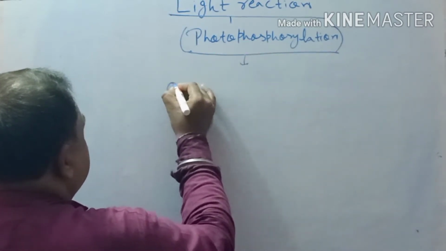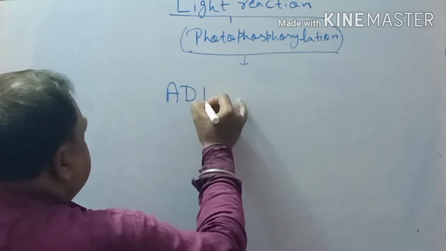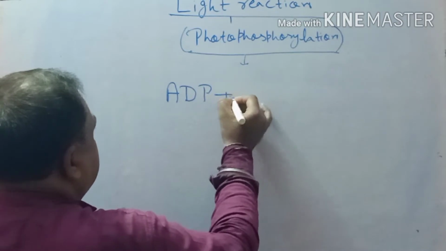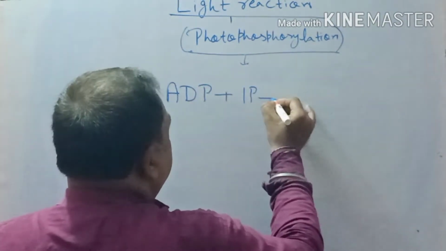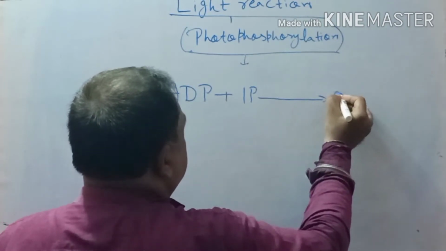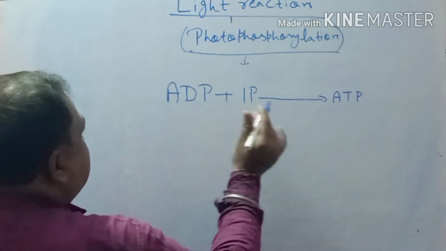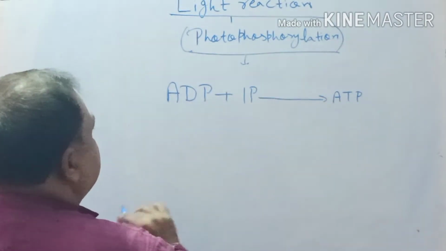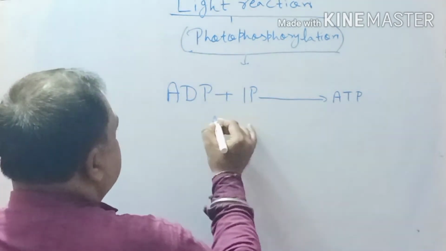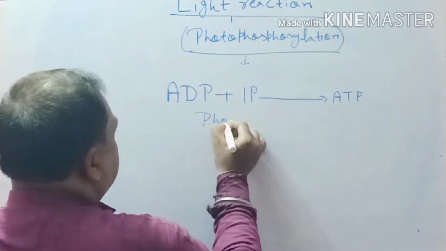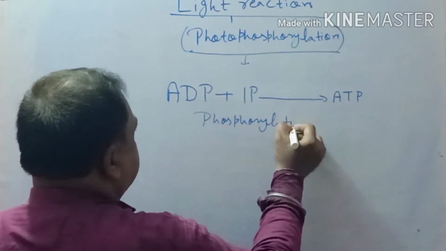Phosphorylation is the process in which formation of ATP takes place in the presence of ADP and inorganic phosphate.